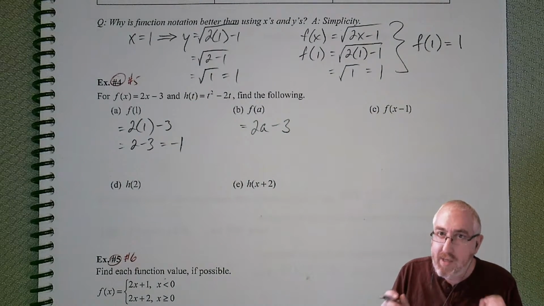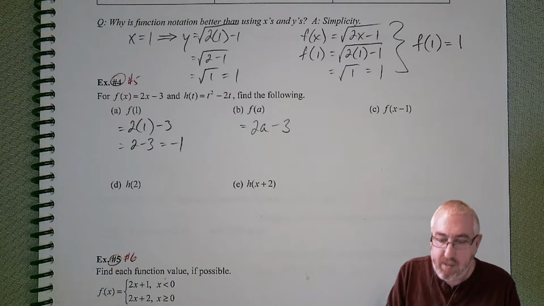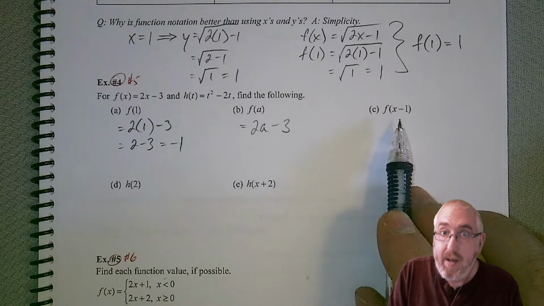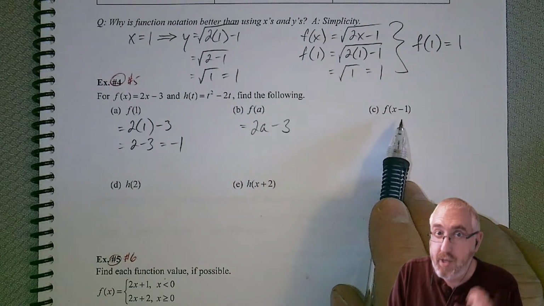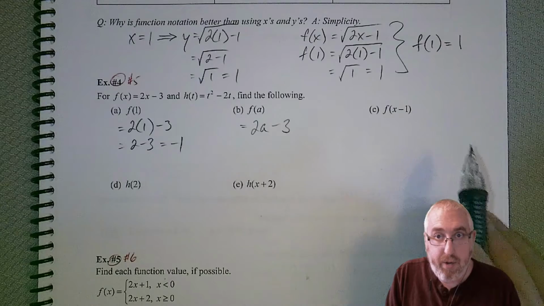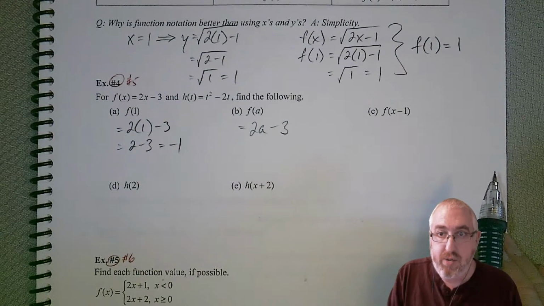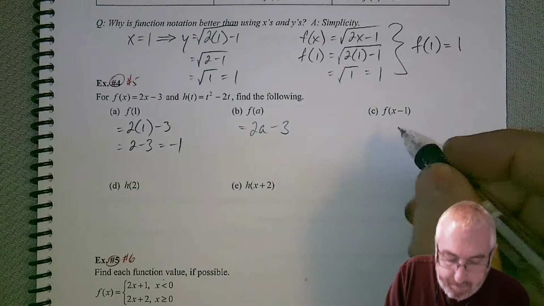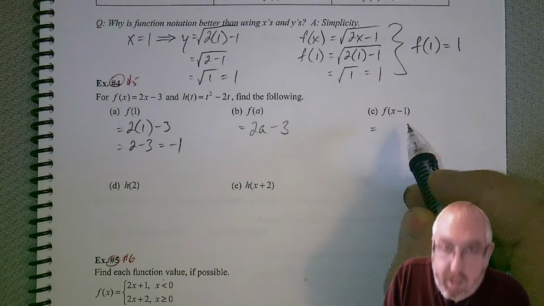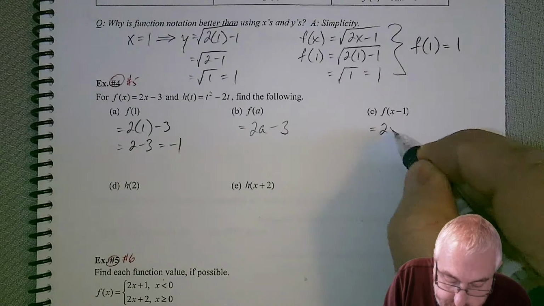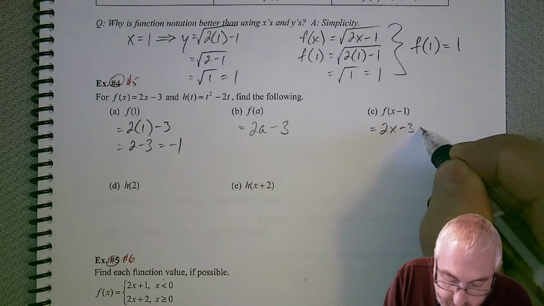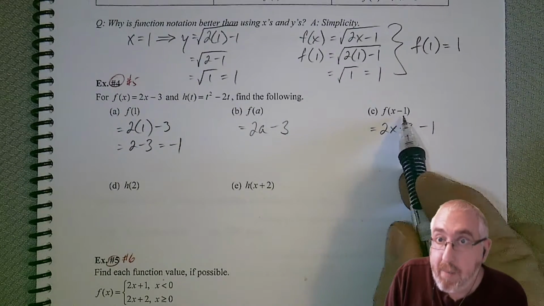Now, where this gets a little trickier is when you have to substitute an expression in, not just a variable, but an expression as your input. So you have to be really careful how you do this. A lot of students do this incorrectly. So, in this case, do we simply write 2x minus 3 and then just subtract the 1 at the end, because that's what that negative 1 says, right?